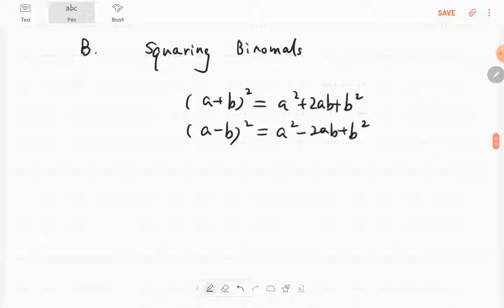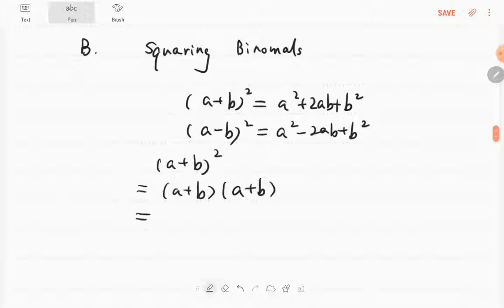Okay, let's check. First, let's see why we will have this formula. We could use the FOIL method or the distributive rule to help us get the formula. So let's check. The squared binomial is just like a plus b times another a plus b, right?